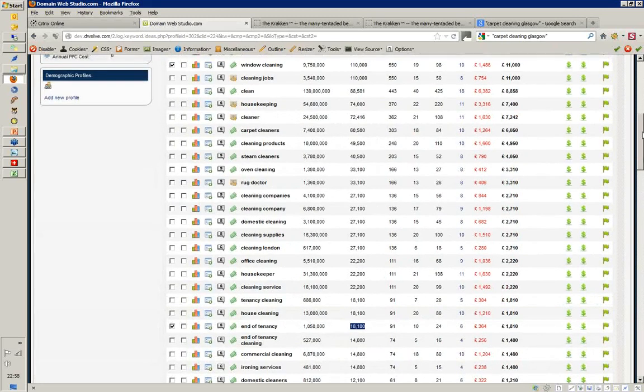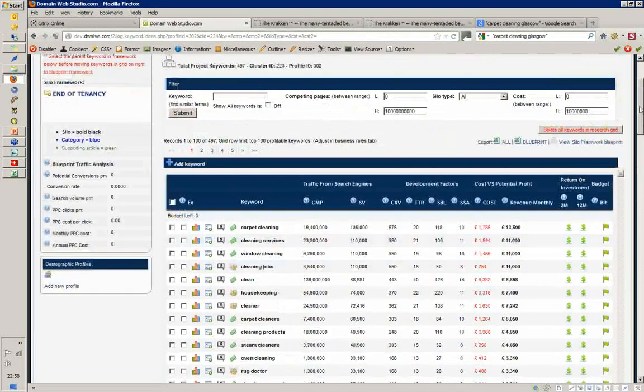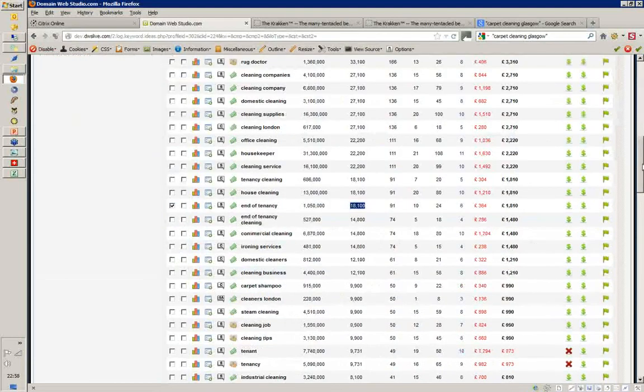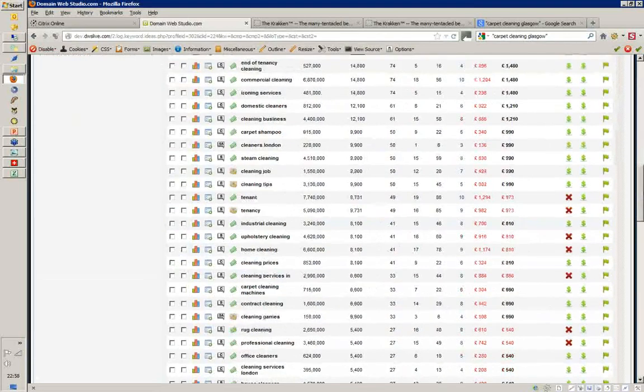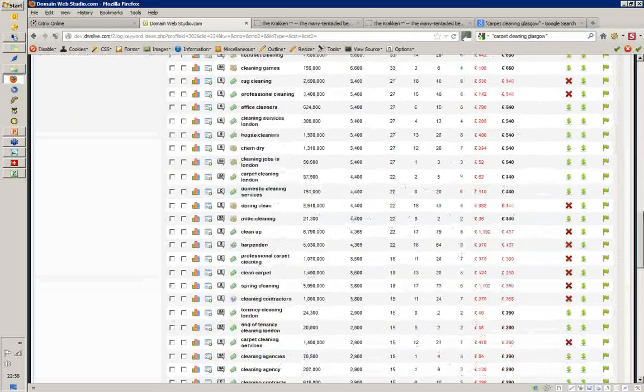So I'll leave those carpet cleaner ones for later on. We can build into that. So yeah, end of tenancy cleaning, to get this really local nice. It's 1 million pages. It opens up the whole market. It falls in with our theme. So I'm going to move that into the blueprint.